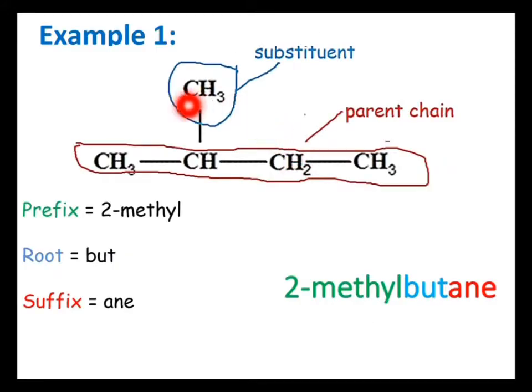So our substituent is methyl. Then the next thing you have to look out for is its location. Where is it located in the parent chain? Here you can see that it is located on the second carbon. So you put 2 in front of it, which tells you where you can find the substituent. So the prefix is 2-methyl. When you add it to the root and then the suffix, you get the name 2-methylbutane.